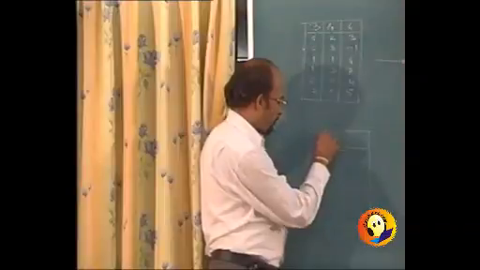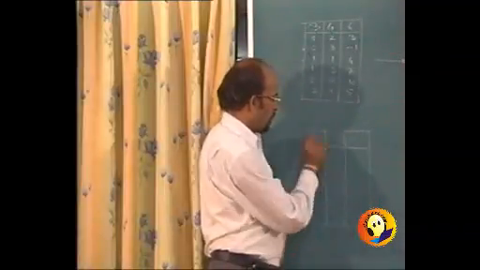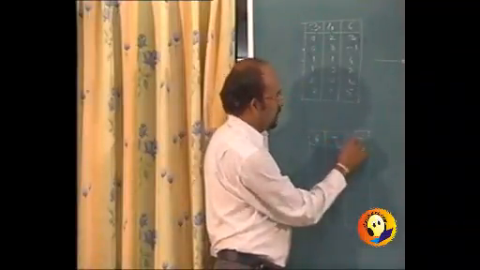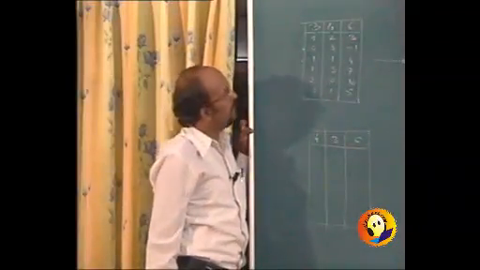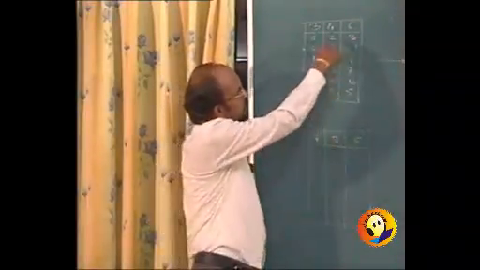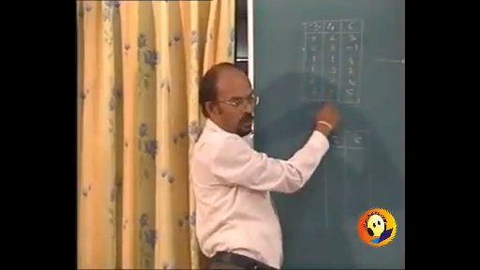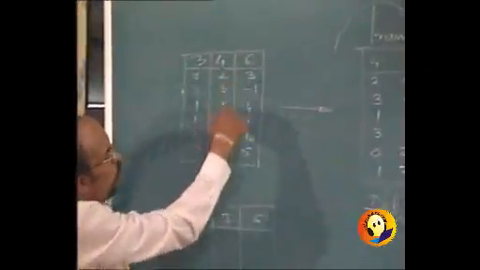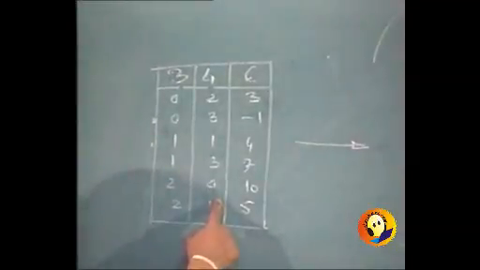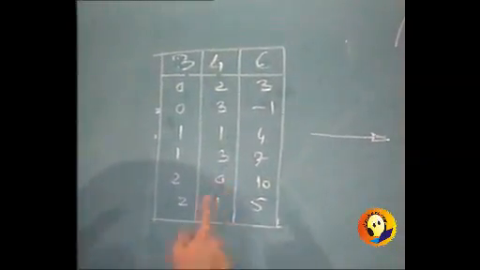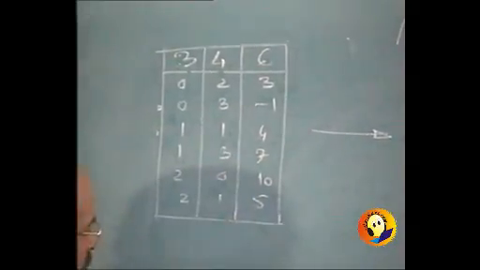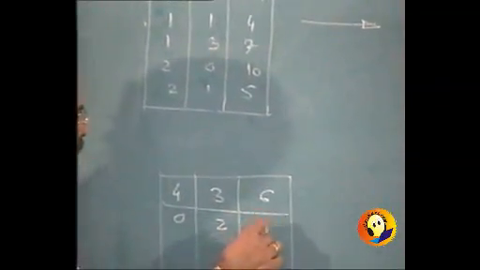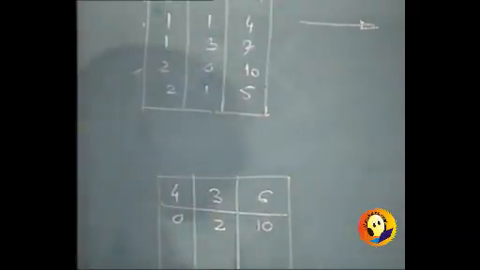So when I try to copy, first it will be 4, 3, 6. This I can always make. There is no problem. Then I will look for this column value to be equal to 0 from top to bottom. And whenever I get column 0 value, I will copy it, but I will copy that column number as row number. So I get only one, it is 0, 2, 10. So that is done.